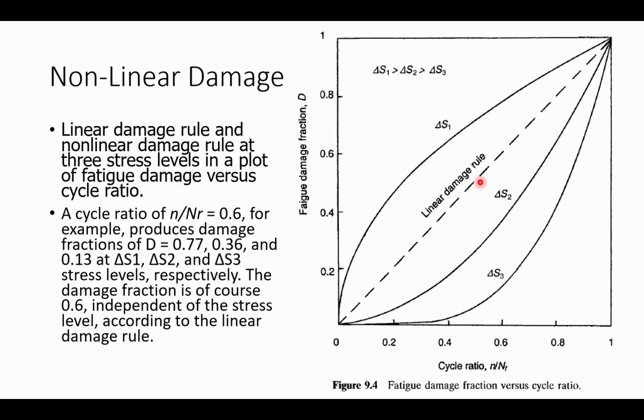So here we have three different blocks, and all three of them are just going to add up from 0 to 1. While when we have nonlinear damage, and we're going from one stress range to another, the way that damage accumulates between those different stress levels is different. It is not a linear path. It now is nonlinear, and it's dependent on prior loading.